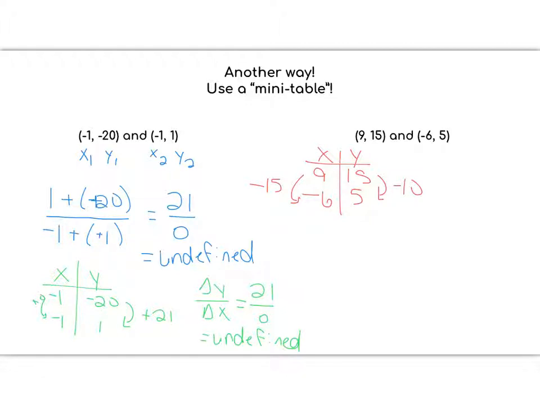Is that right? 9 to -6, I go down 15. So my change in y over my change in x, I get -10 over -15. Those are both negative. A negative divided by a negative is a positive, and that simplifies to 2/3. So you can use the slope formula with 2 points, or you can use the mini table, whichever way you find easiest.